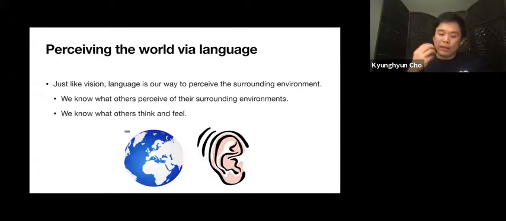And also by listening to the expressions made by others, we know what they think and how they feel. And of course, those other people or other intelligent agents in our surrounding environment are parts of the world in which we are. And thereby, as an intelligent being, we want to perceive the state of it.